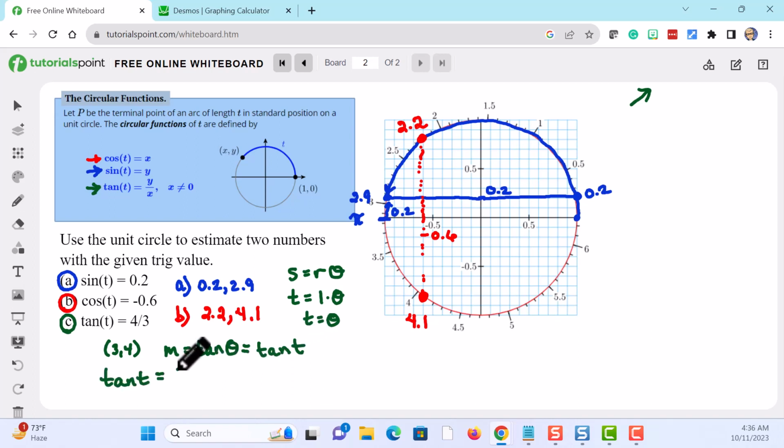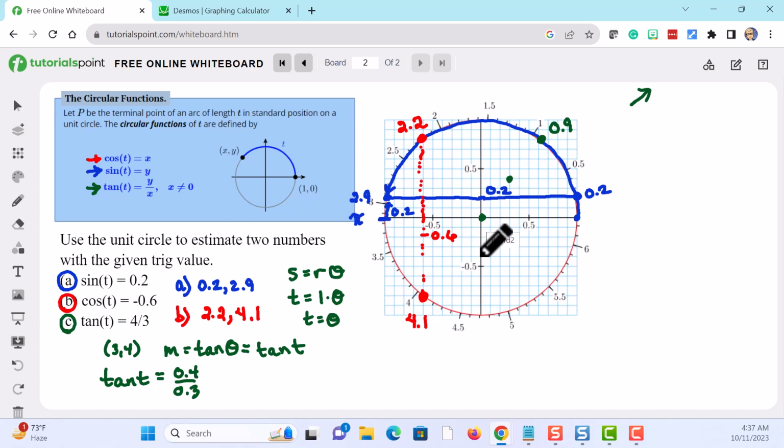Another way of writing 4/3 is 0.4 over 0.3. So on our unit circle, we could start at (0, 0) and go up 0.4 and then over 0.3, and then go up 0.4 and over 0.3. And we finally reach a point on the unit circle, and this is at about 0.9.